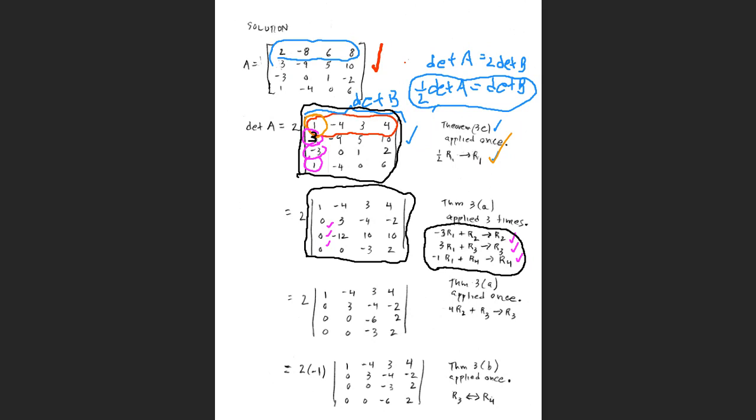That falls under theorem 3A, and that means the determinant doesn't change. The determinant does not change with those kind of row operations.